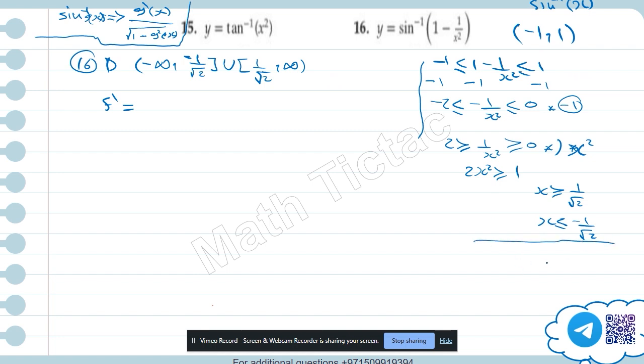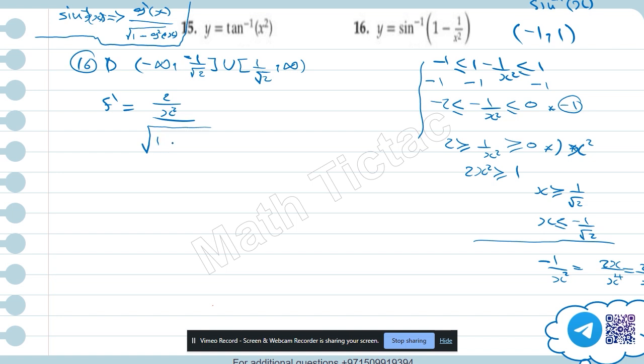Let's take this aside and do it. Here, if I have 1 minus 1 over x squared, squared, this is equal to the first one squared, minus 2 multiplied by the first by the second, which is 2 over x squared, then plus the second one squared, which is 1 over x to the power 4.